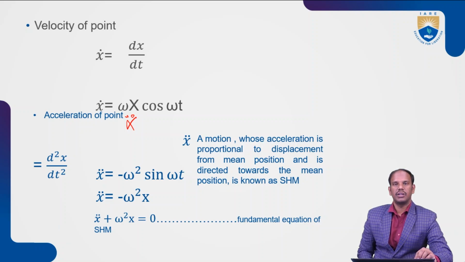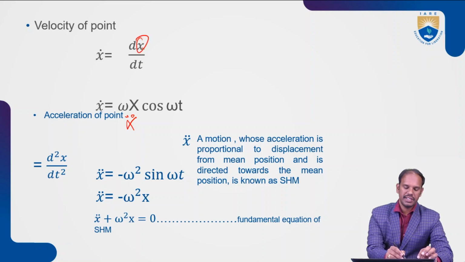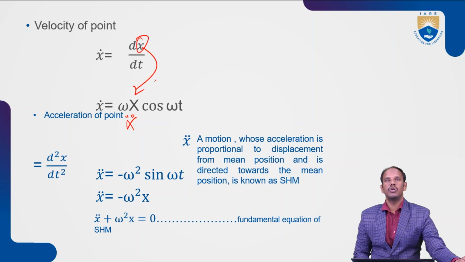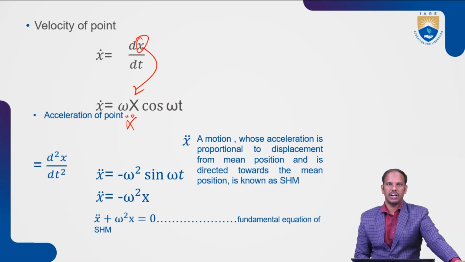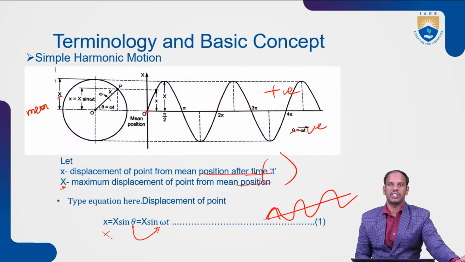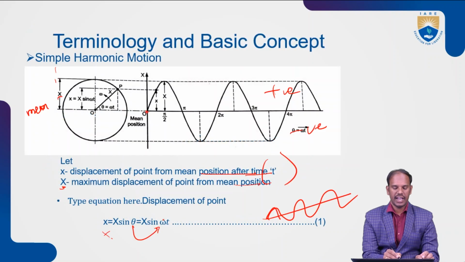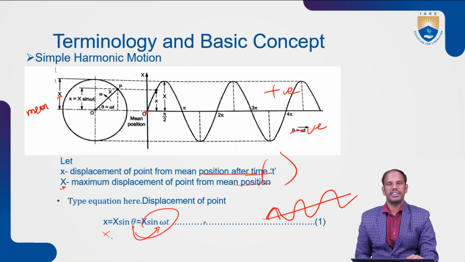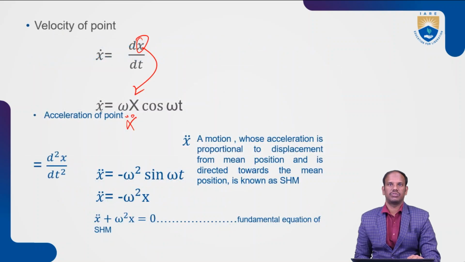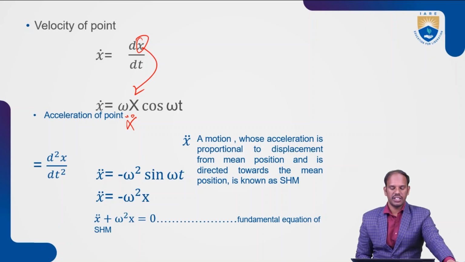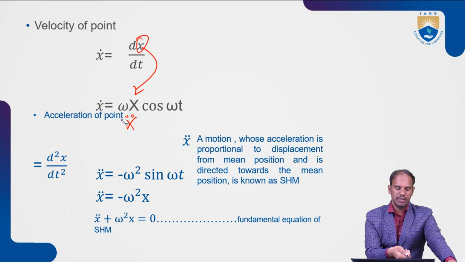In terms of x dot, we are replacing x with omega times x cos omega t, from the previous sine equation. Sine, once differentiated, becomes cos. The acceleration of this point is nothing but x double dot.